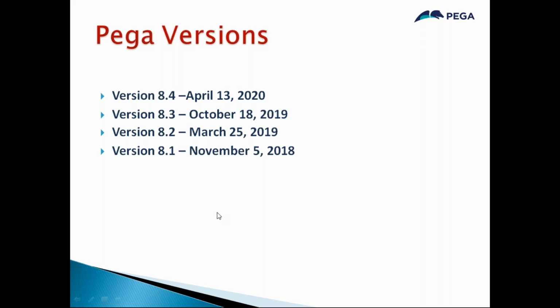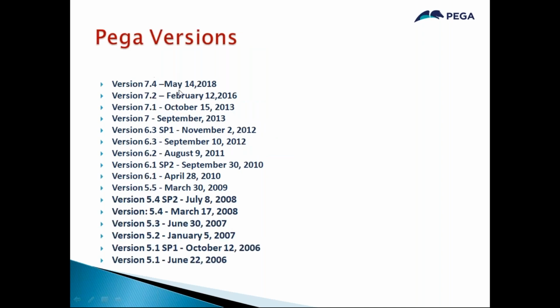And if any old projects are running, you may be working on the 8.1 version, or sometimes you may also get a chance to work on 7.4. Don't worry. If you learn any one version in Pega, you can automatically work on the previous versions. Maximum 98% of every version's features are the same.